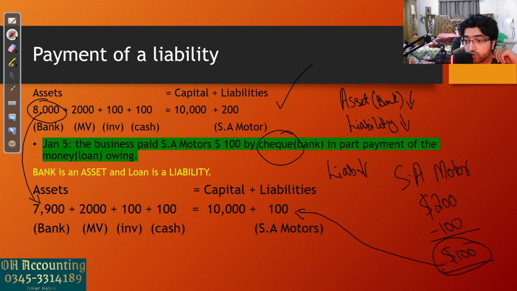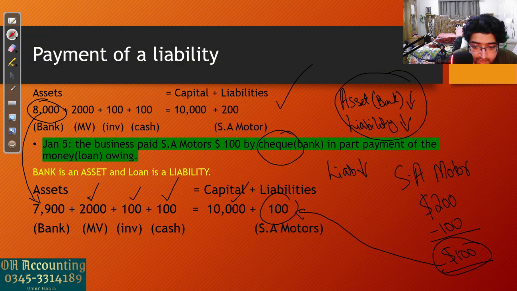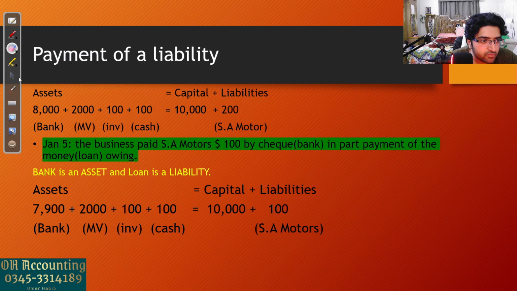When you pay back a loan, your liabilities decrease. So this was the dual effect on the accounting equation because of this transaction. Motor vehicle will remain the same, inventory same, cash same, capital same. These two things were impacted. Okay, erasing everything, moving on.